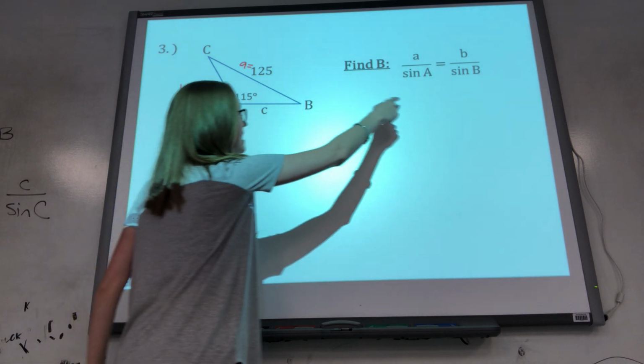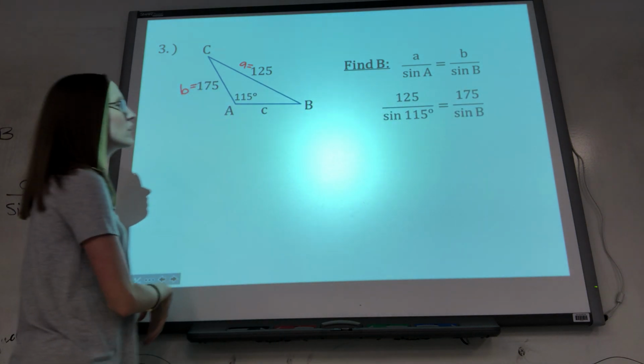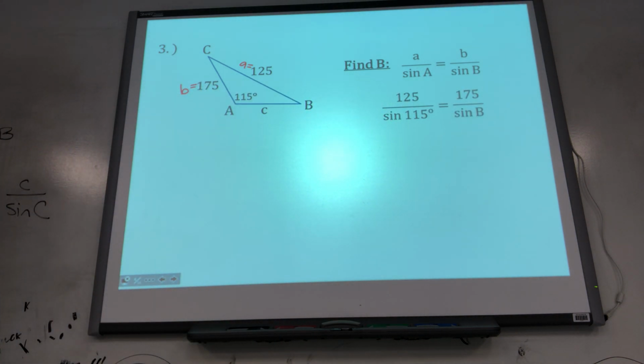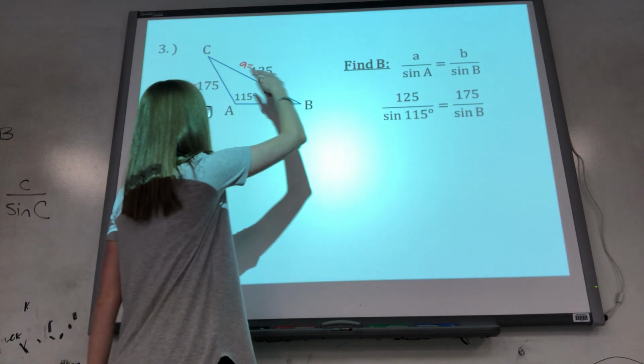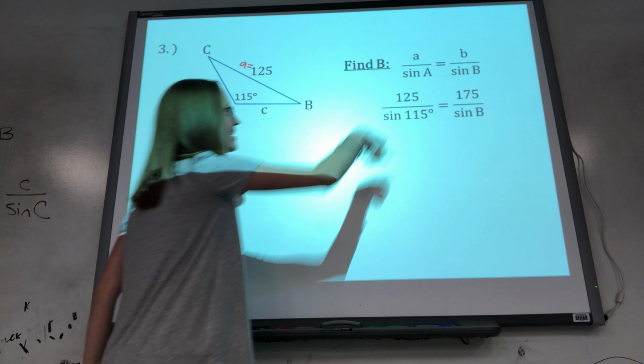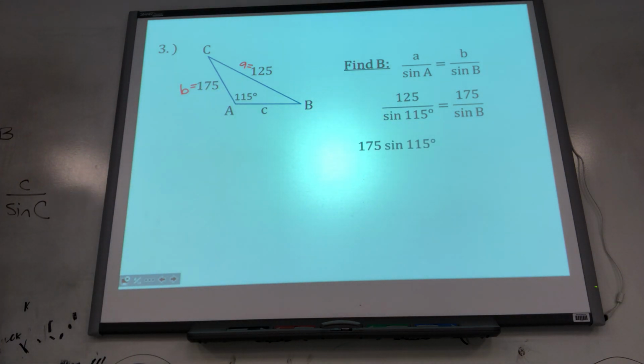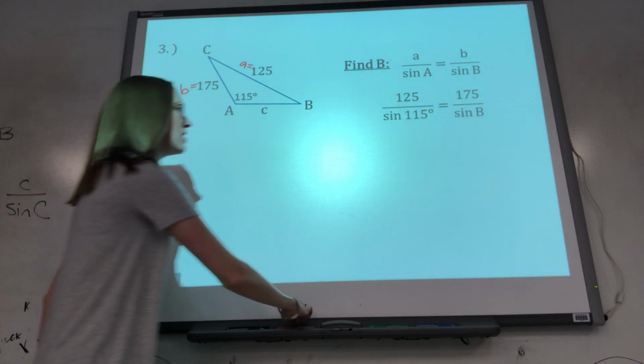I've got 125 over sine of 115 degrees equals little b, which is 175 over sine of big B, which I don't know.